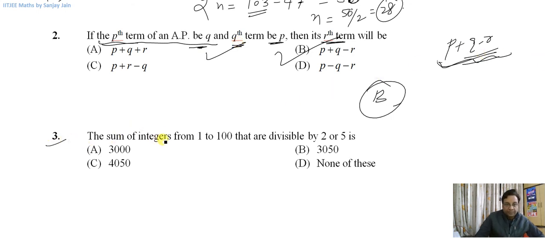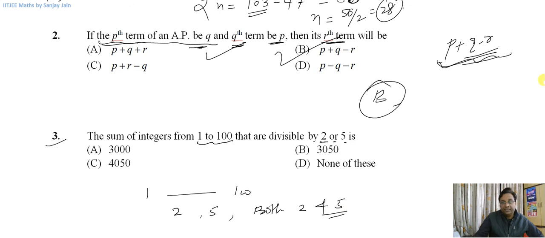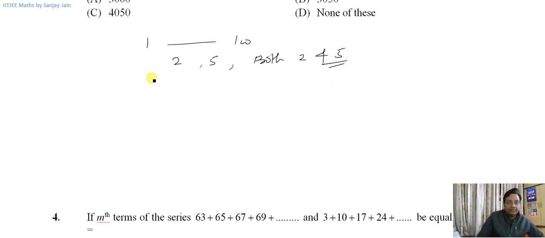Next question is sum of integers from 1 to 100 that are divisible by 2 or 5. So between 1 to 100 there will be numbers that are divisible by 2, that are divisible by 5 and that are divisible by both 2 and 5, right? So if between 1 and 100 I write numbers that are divisible by 2, those will be 2, 4, 6, 8, 10, 12 and so on.